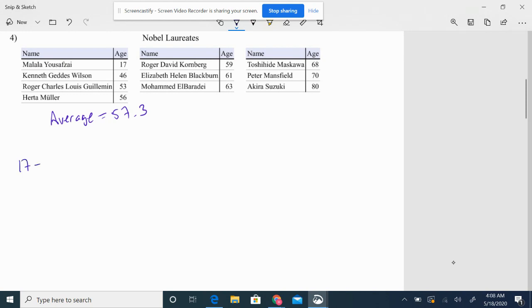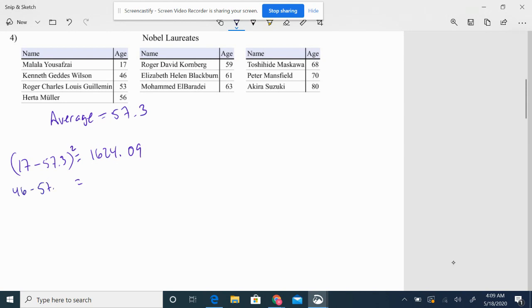So each of the numbers minus the average. So that gives me negative 40.3. Square it. And I have 1,624.09.